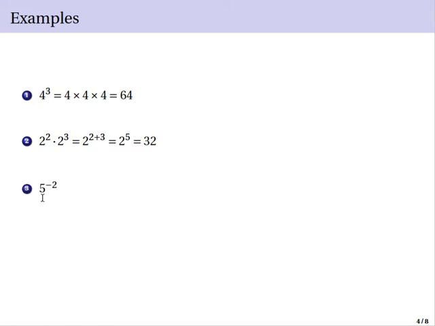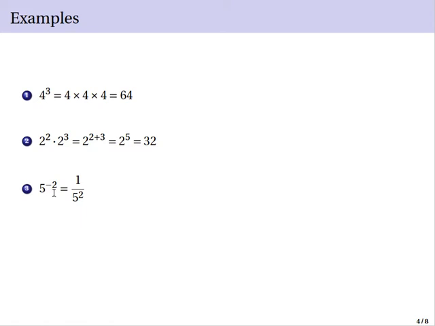Next, we have 5 raised to negative 2. So here, we have a negative exponent or negative power. So what we do is we take this 5 raised to negative 2, move the expression to the denominator, and change the exponent to a positive exponent.